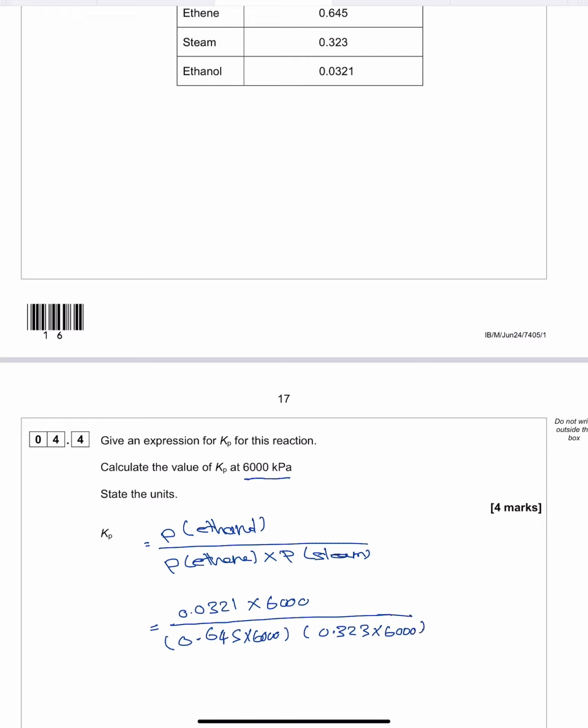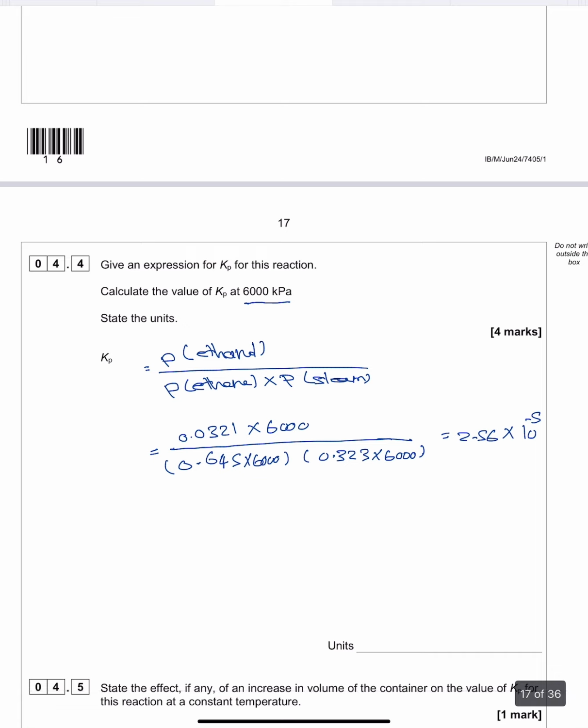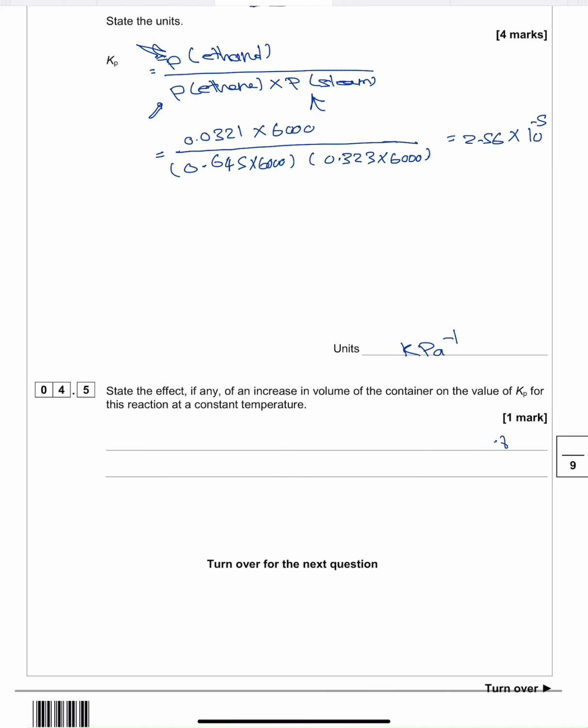When you do this calculation, you're going to see that the final answer is 2.56 times 10 to the minus 5. And the unit here is going to be kilopascal minus 1, because there is 1 kilopascal at the top and 2 kilopascals for both of the reactants at the bottom. So the unit is kilopascal minus 1.